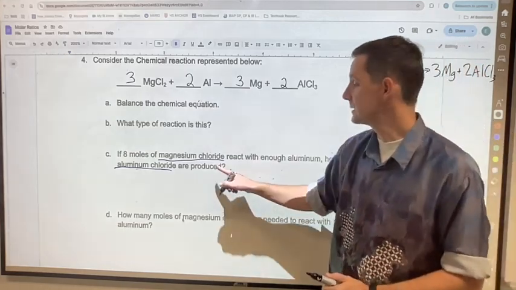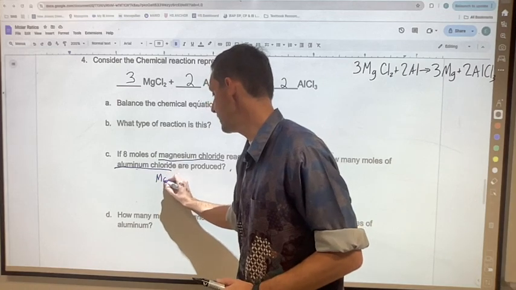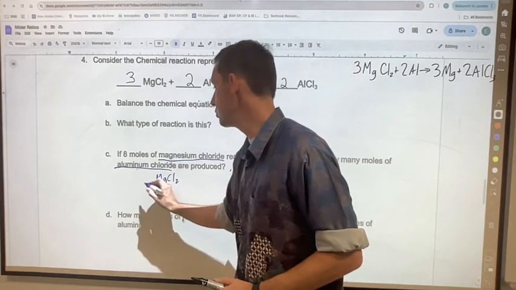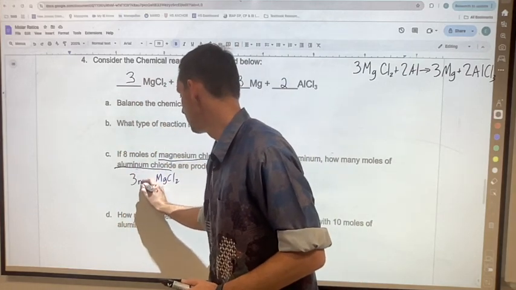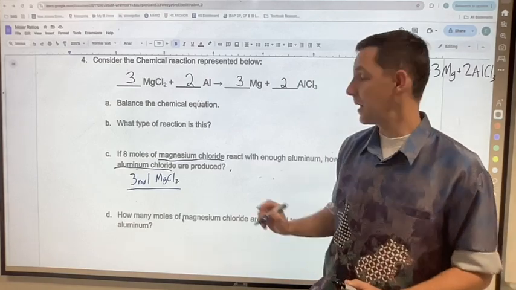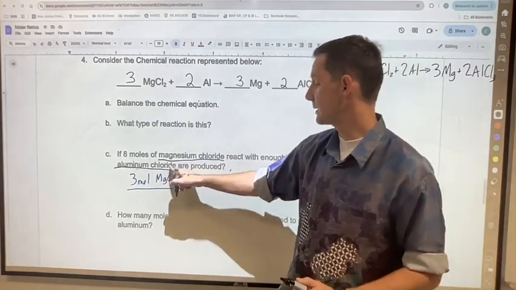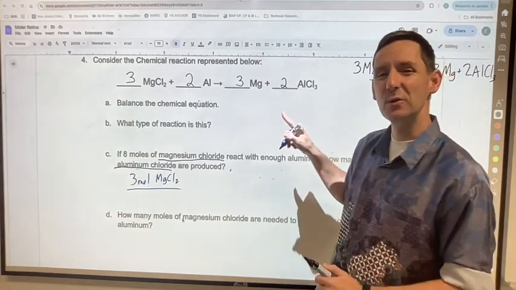Okay, so I can see the magnesium chloride right here is MgCl2, and so I see I need 3 of those. So I'm going to go 3 moles of MgCl2, and then we're going to look at the aluminum chloride, which is right here. So I need 2 moles of aluminum chloride.